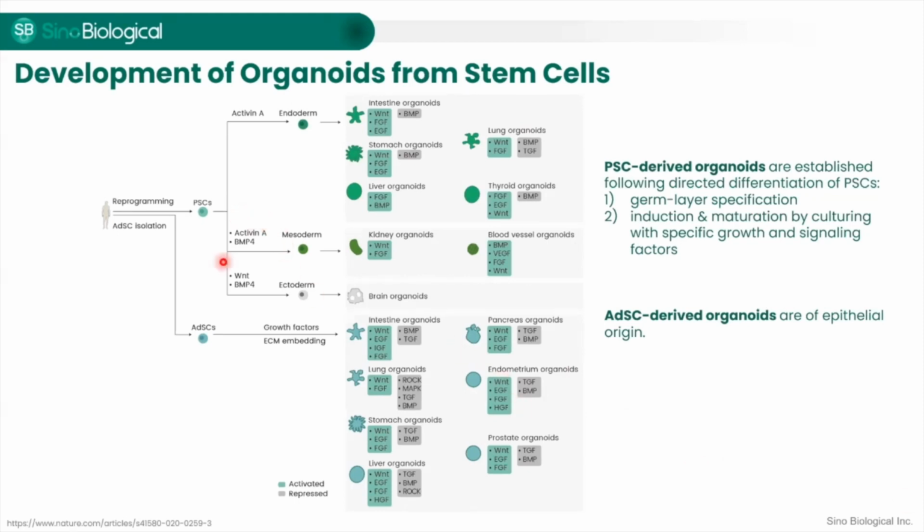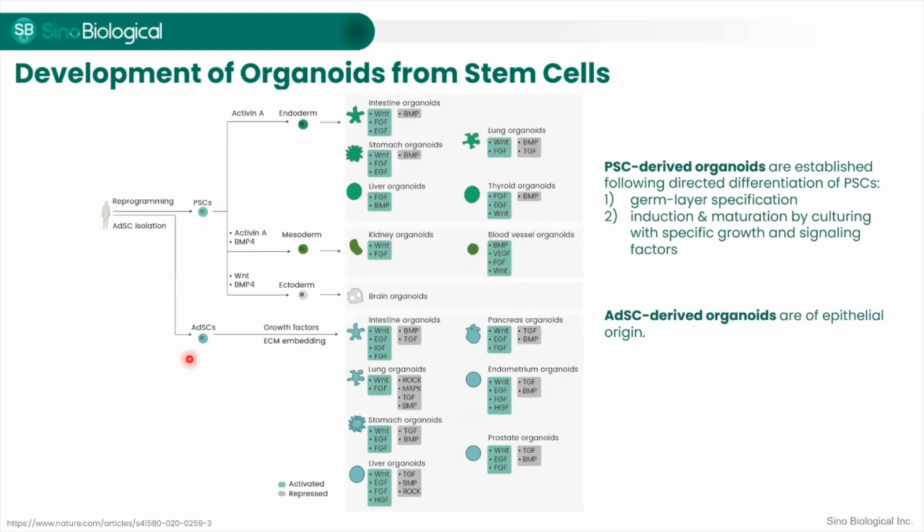So pluripotent stem cell-derived organoids are established following differentiation of PSCs, which involves germ layer specification for endoderm, mesoderm, or ectoderm. It is followed by induction and maturation by culturing with specific growth factors, as seen here, to obtain the specific cell type and have the desired organoid, such as intestines, stomach, liver, kidney, lungs, and others.